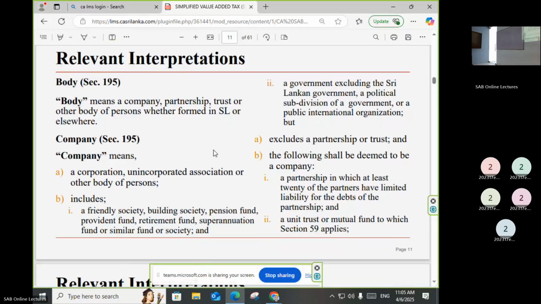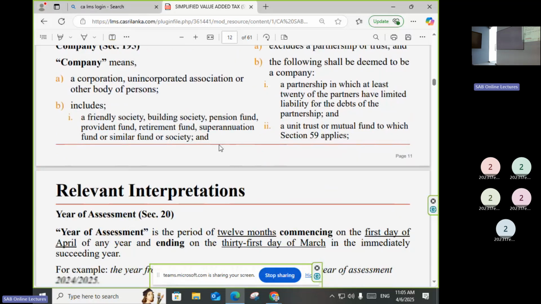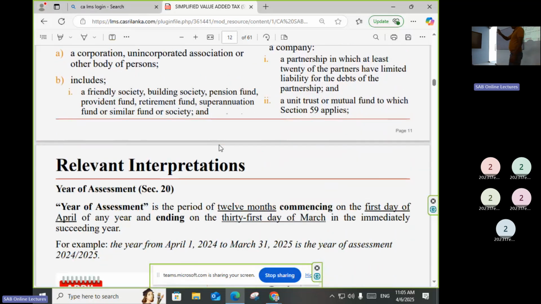Unit trust, or mutual fund to which section 59 applies. So don't worry about section 59. It says unit trust or mutual fund. A unit trust is a trust that operates just like a company, but they are permitted to do some sort of activity. They are actually units. They collect money from small investors, and they go and invest in a market or whatever.